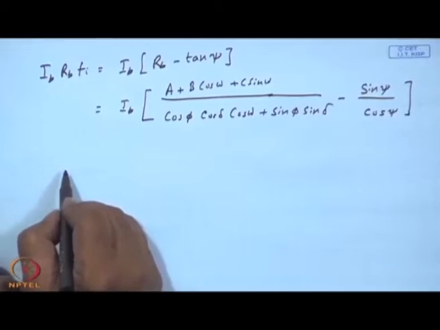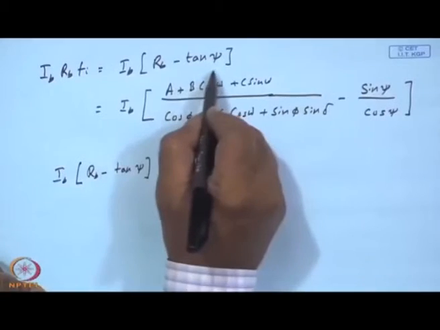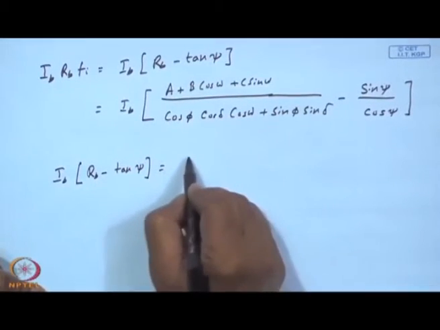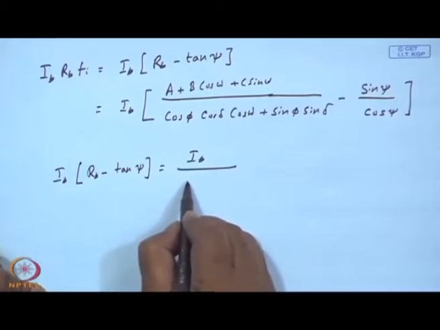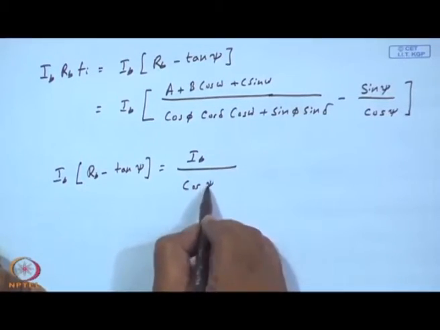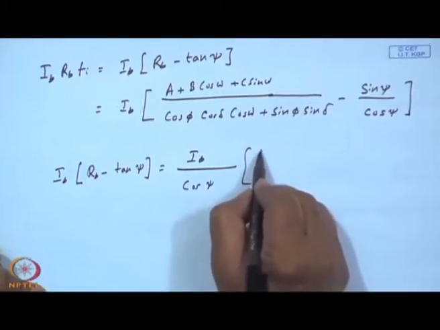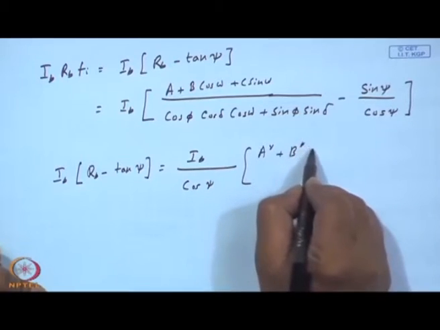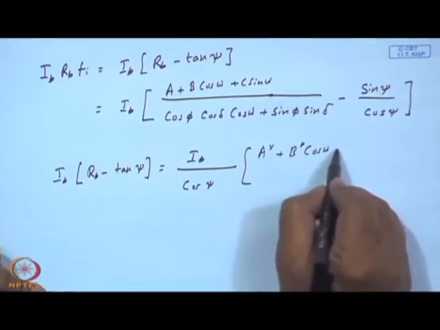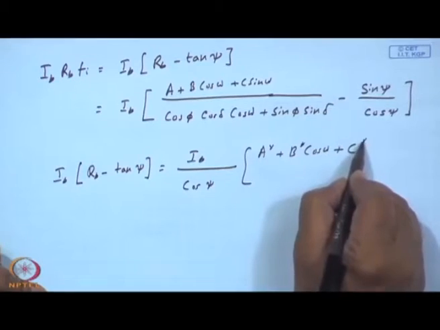So, what I can do is IB times RB minus tan psi, that is what you have here, should be equal to IB by cos psi times A star plus B star. You can work out this algebra, it is not difficult.